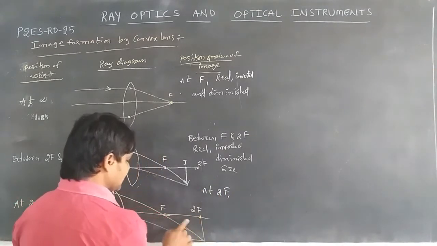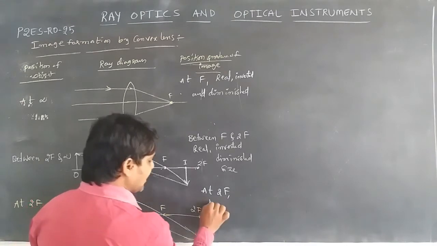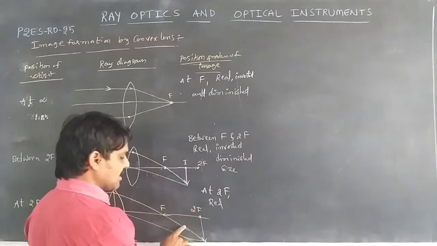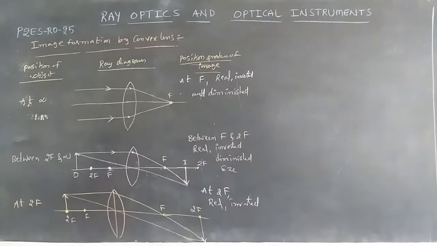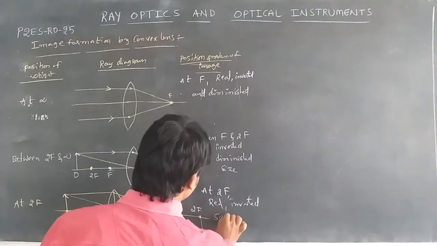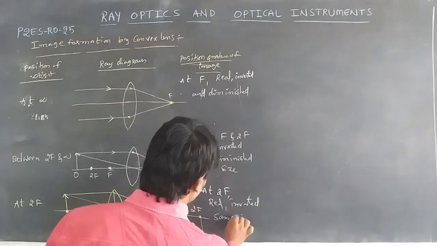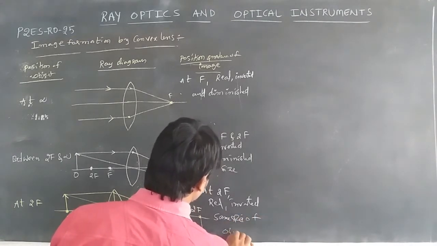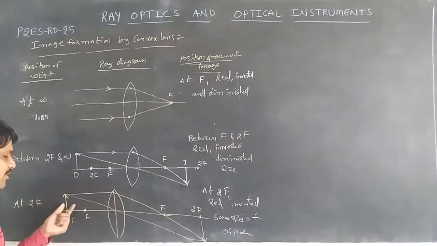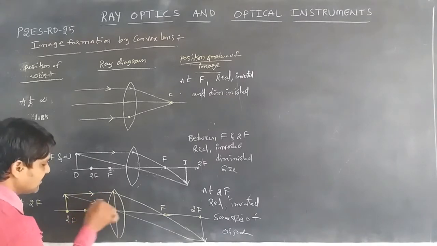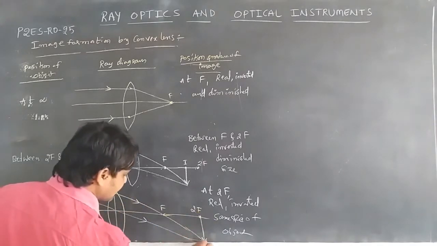The image will be real and inverted, and the same size as the object. Wherever we place the object at 2f, by making light incident on the lens, the image is also formed at 2f.